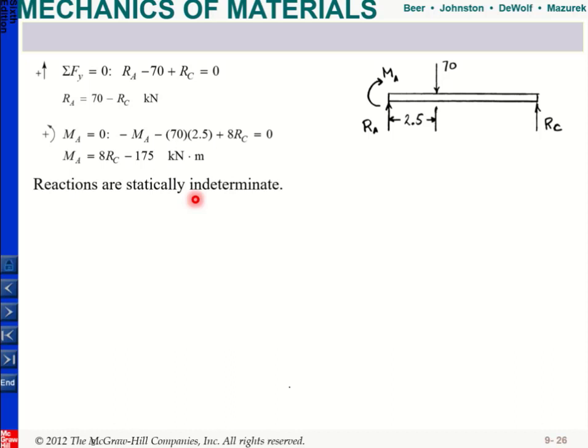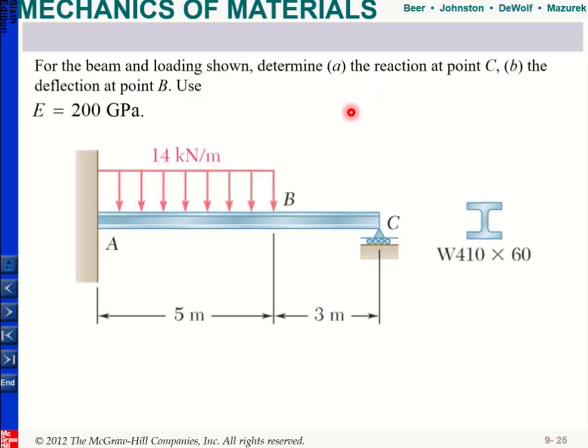Okay? And then what I need to do is, when I look at this, I have two sections. From A to B, I have a distributed load, but from B to C I don't have anything. So normally your moment equation from A to B will be different than your moment equation from B to C. So you have two options.